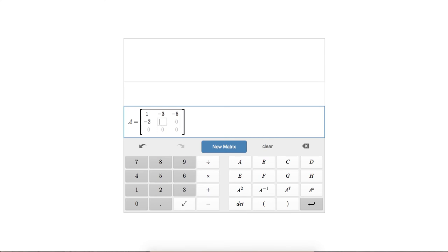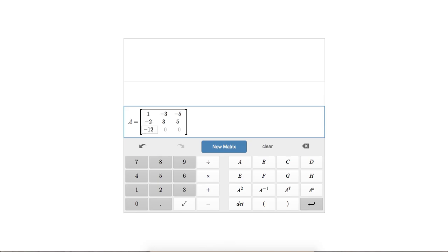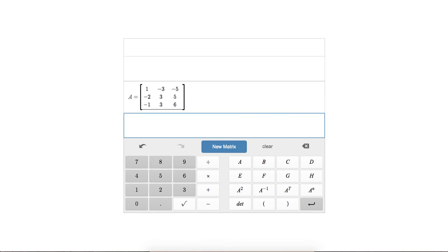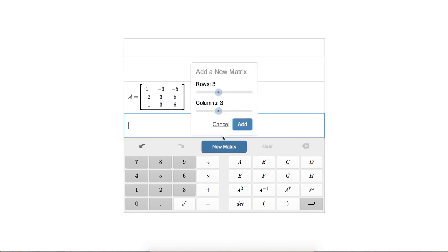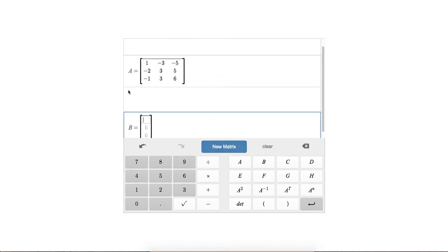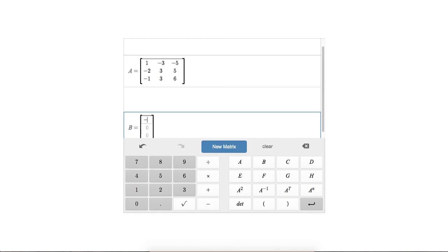And -1, 3, and 6. All right. Everything's good. Matrix B is -18, 23, and 17. That's a 3 by 1.